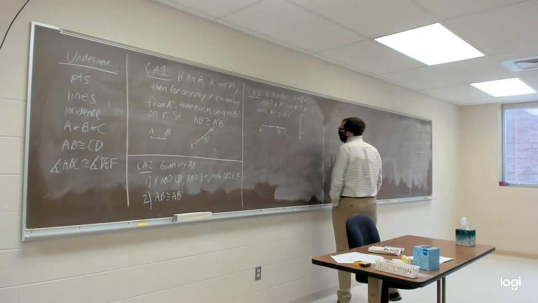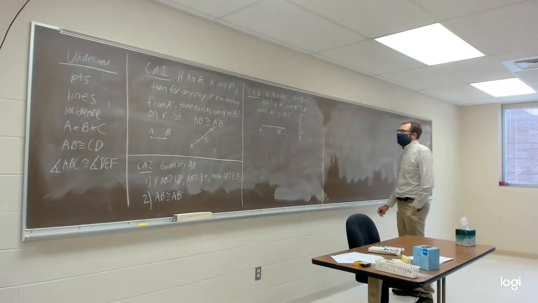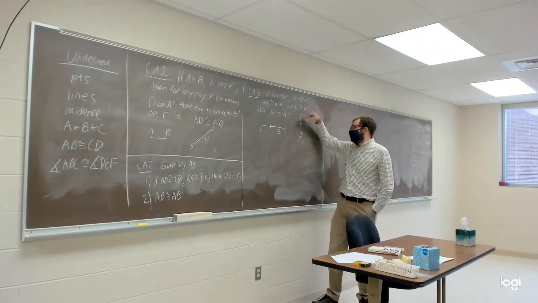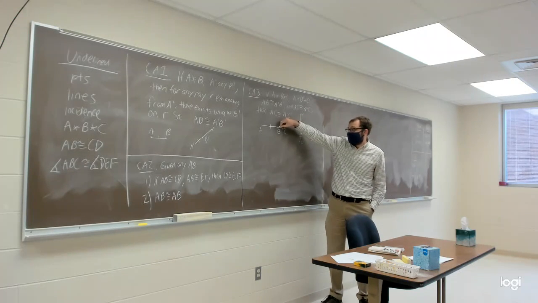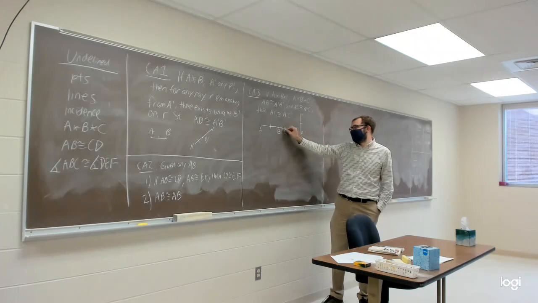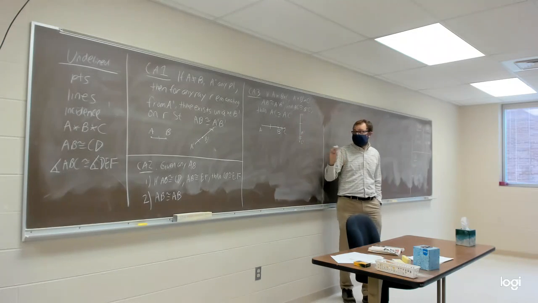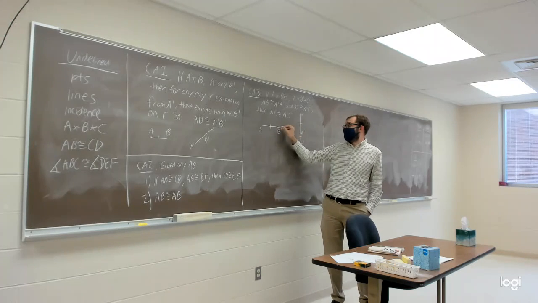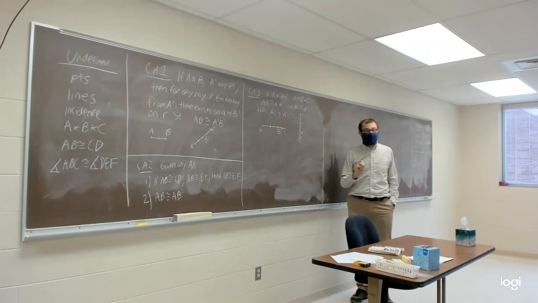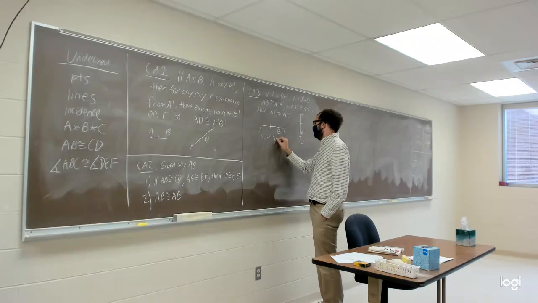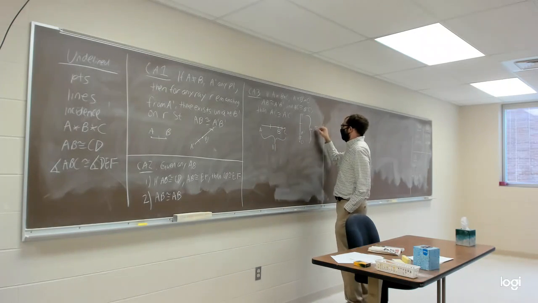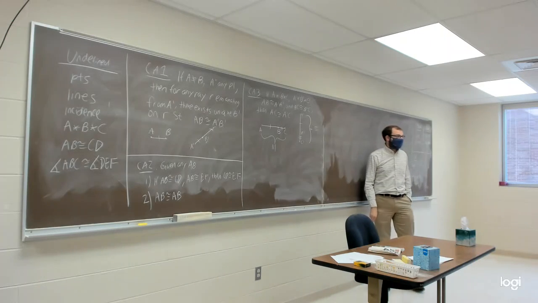And finally, congruence axiom 3, where we said that if we take 2 line segments, AB and A prime B prime, and add to that 2 more segments, BC and B prime C prime, if AB is congruent to A prime B prime, and BC is congruent to B prime C prime, then AC has to be congruent to A prime C prime.